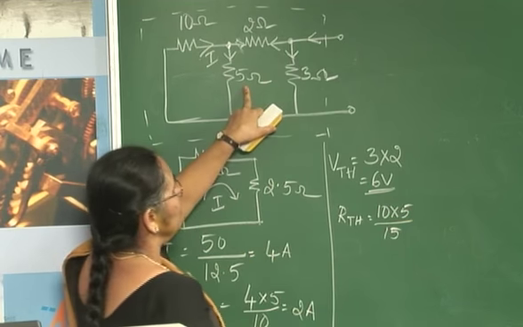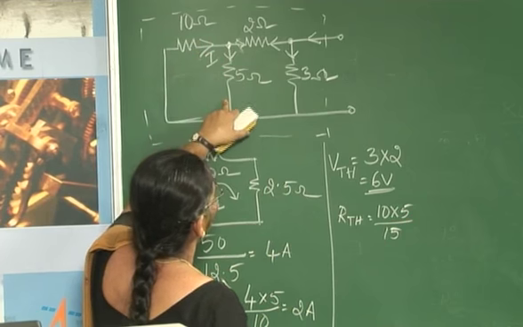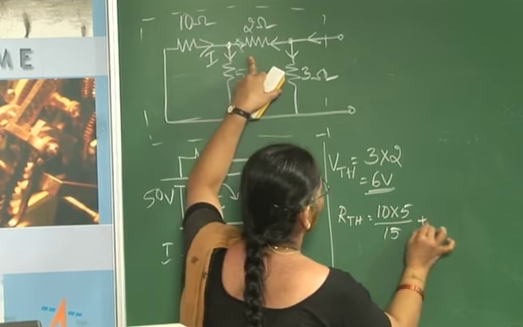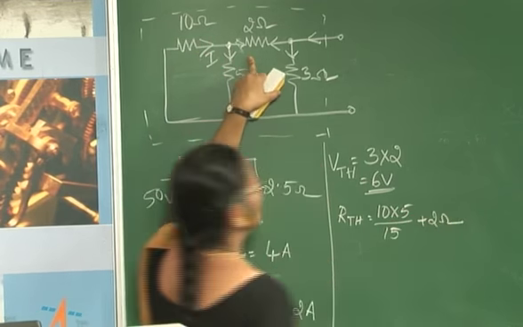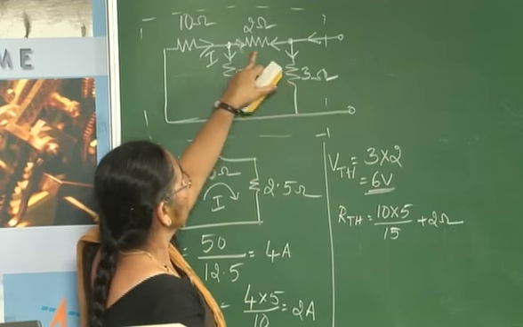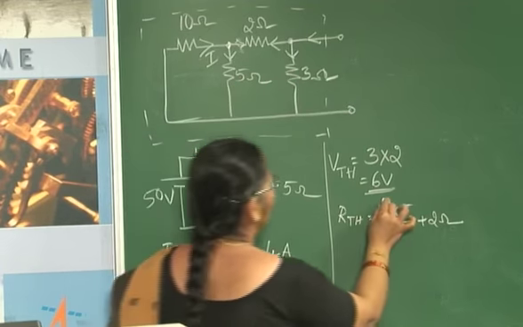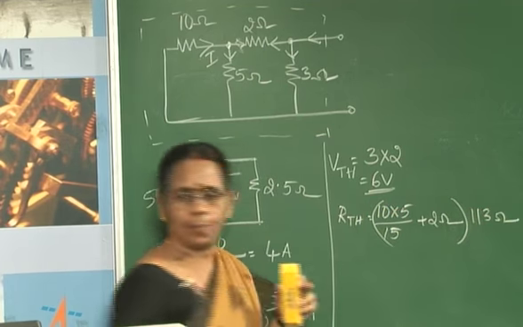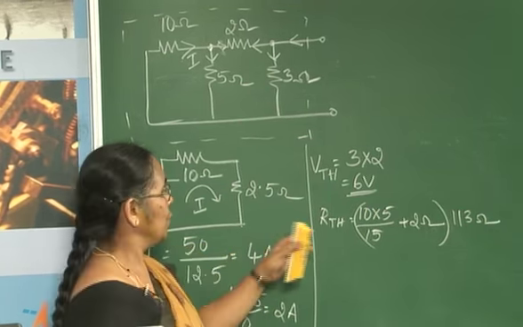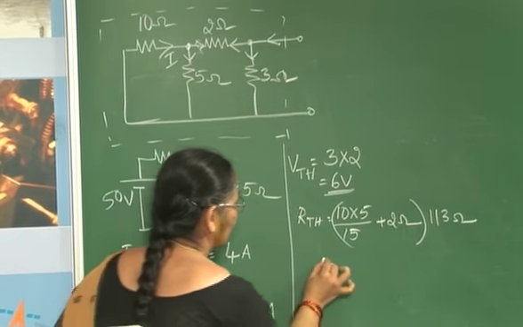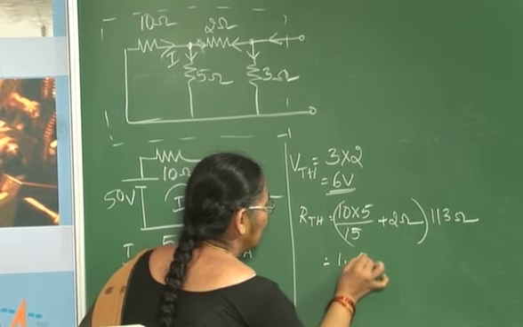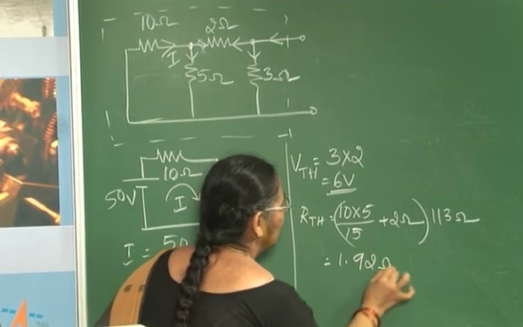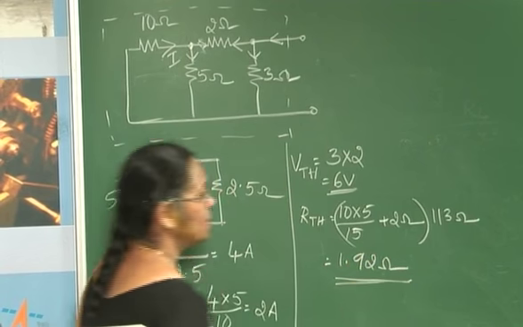Okay. So that parallel combination will be in series with 2 ohms resistance. After that, again that is in parallel with the 3 ohm resistance. If you just try to find out the value, it will be equal to 1.92 ohms. That is Thevenin's equivalent.